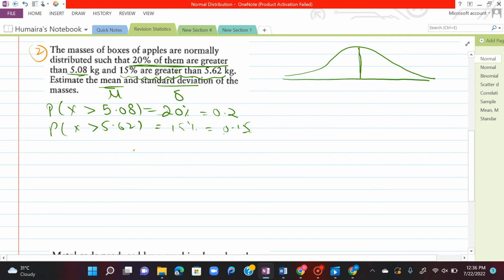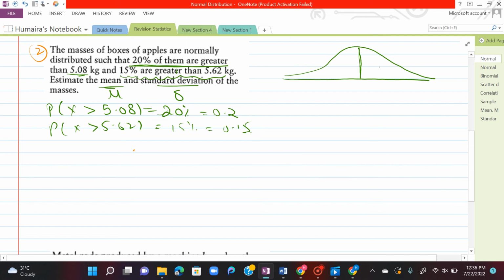Again, as I said, to put these x values, you have to use common sense. If I start putting these x values somewhere on the left side, then the whole right hand side region I am claiming as 0.2 or 0.15.